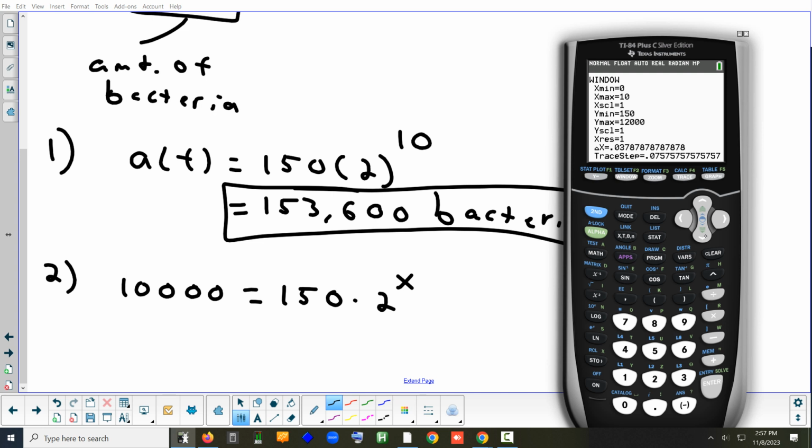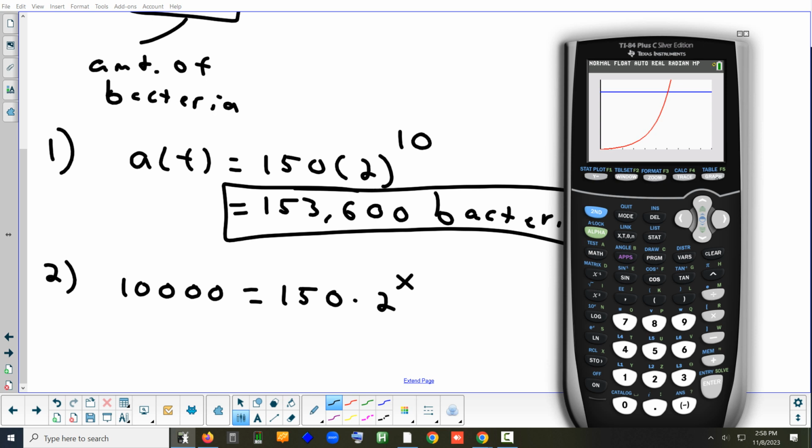We just have to go far enough. What we know, if we go to 10 hours, we're going to hit 153,000 bacteria. So it's less than 10 when we hit 10,000. So we can leave it at 10. That's fine. But it's definitely going to be less. All right, so there's our bacteria increasing.